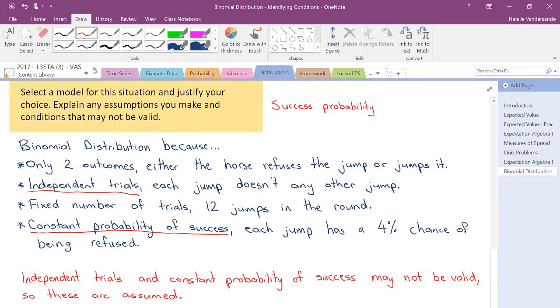So these are assumed. Now, explaining why they may not be valid is because as the horse goes through the jumping round, it may gain more confidence as it goes through. Therefore, the probability of success would change, and the trials are no longer independent as they are having an effect on each other.